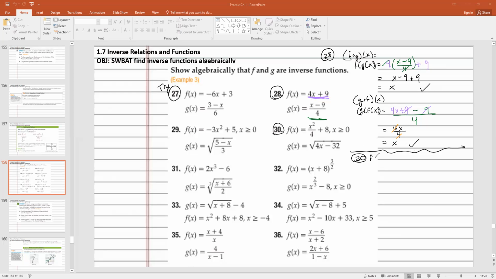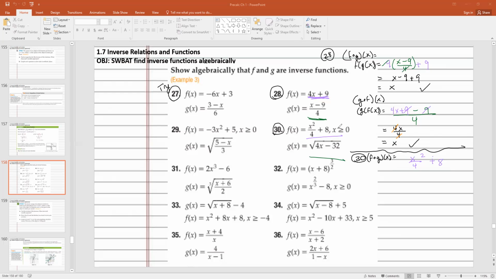All right, so let's do f of g of x. So we're going to start off with the f of x. So let's start off with x squared, no, let's leave some space, over 4 plus 8.